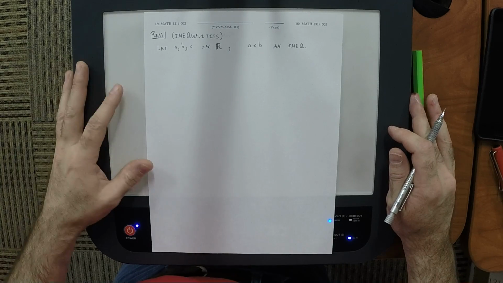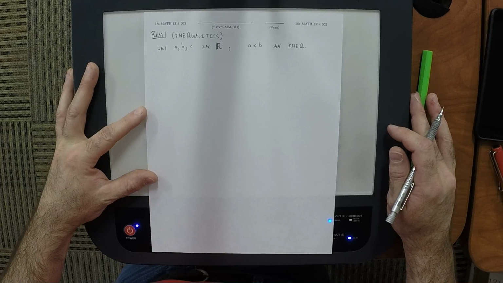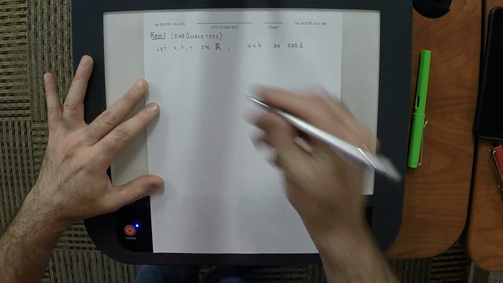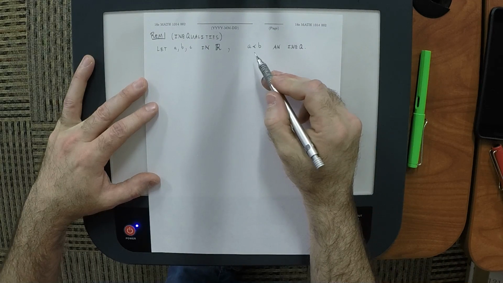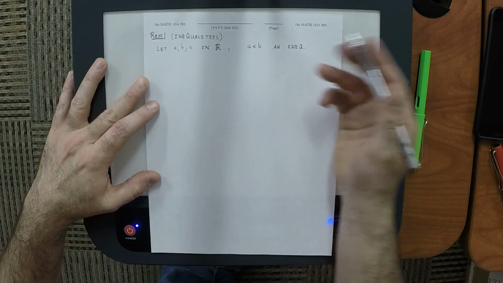That's true. And it is also a fact that the statement 13 greater than 14 is false. Understand that this is an inequality, but I'm not making any suggestion about whether its logical value is true or false. I'm just saying it's an inequality.